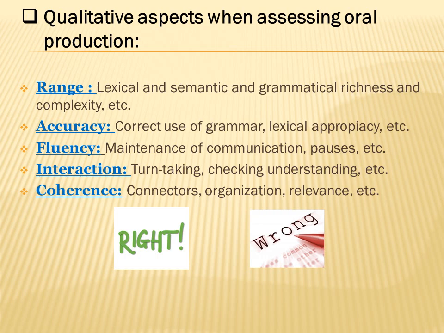Then fluency, when we find maintenance of the communication process; interaction, when they take turns talking and check understanding; and coherence, the use of connectors, organization, etc. So we need to know this when we assess oral production.